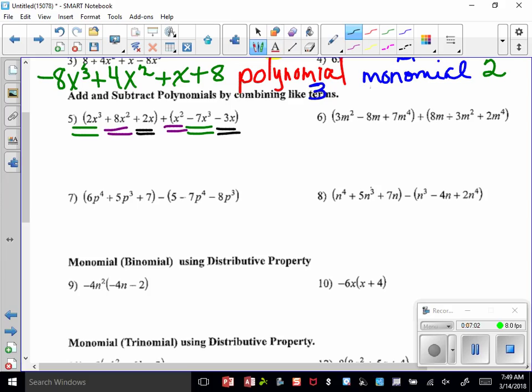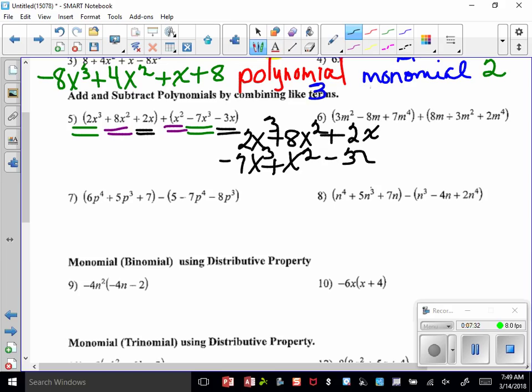You could also use the vertical method. Some people like rewriting it in a vertical way, and that will look like this, and it's totally up to you. So if I could write it this way, 2x to the third, put the minus 7x to the third under it, and then do the x to the seconds, plus 8x squared plus x squared, and this is just rewriting it in a vertical way, 2x and minus 3x.